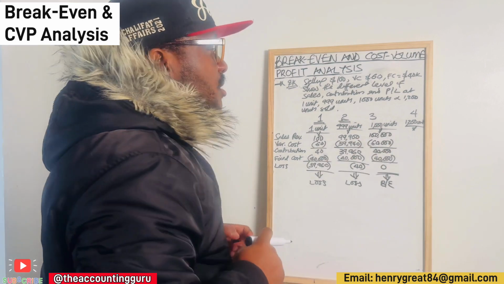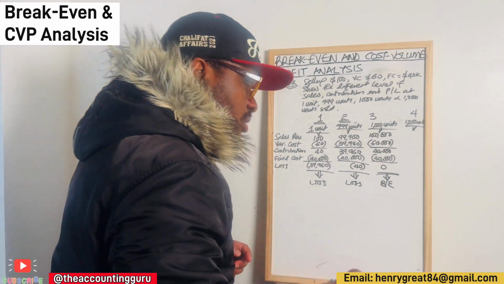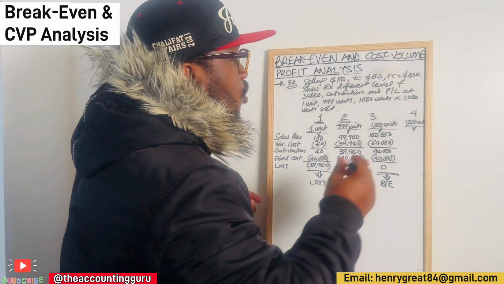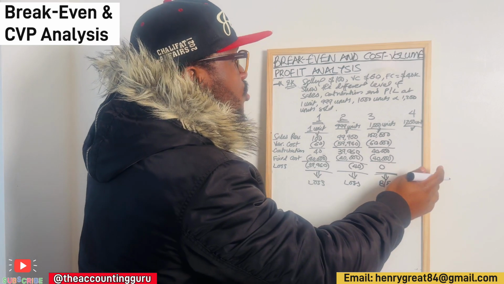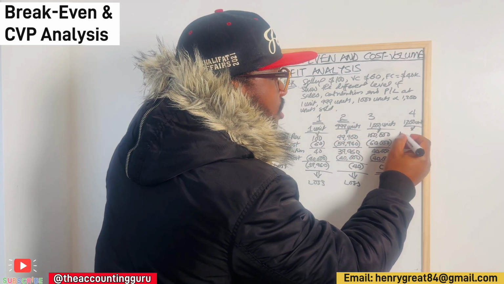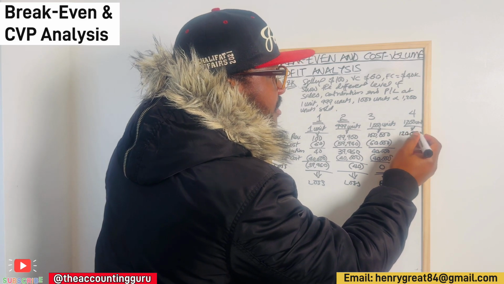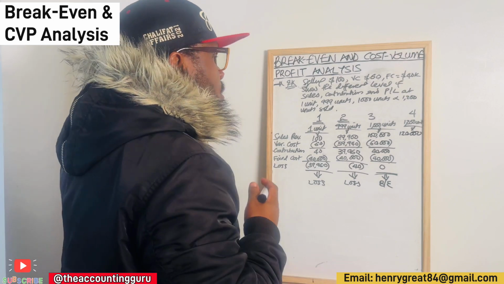Look at it. We have 1,200 units sold. Total sales revenue will be 120,000. When you multiply 1,200 units sold by $100, you will be having 120,000 here. So if you have 120,000 here, what will be the variable cost?